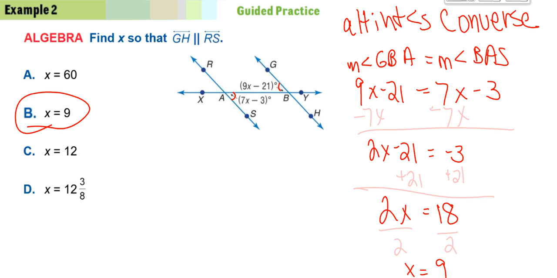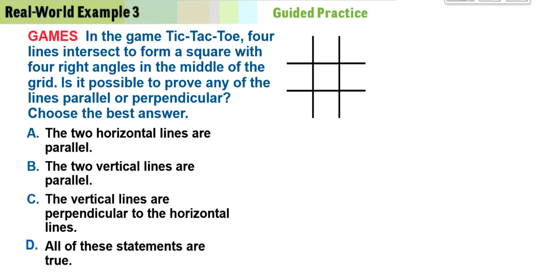The next one: in the game tic-tac-toe, 4 lines intersect to form a square with 4 right angles in the middle of the grid. Is it possible to prove that any of the lines are parallel or perpendicular? Choose the best answer. Let's read through these. The 2 horizontal lines are parallel?